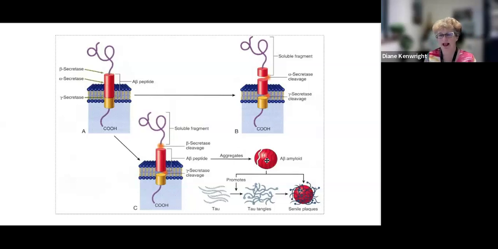And it can also promote tau to go into tau tangles. So it's a really interactive process, but the simple way to think of it is that amyloid plaques are in the neuropil and around the vessels, and tau tangles are in the tail of the neurons.